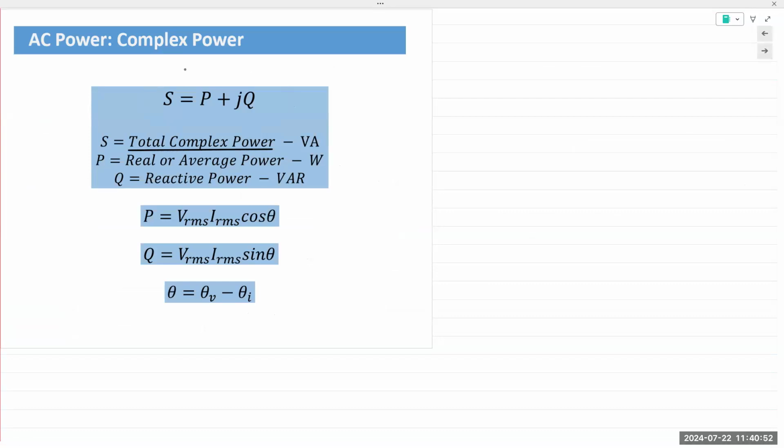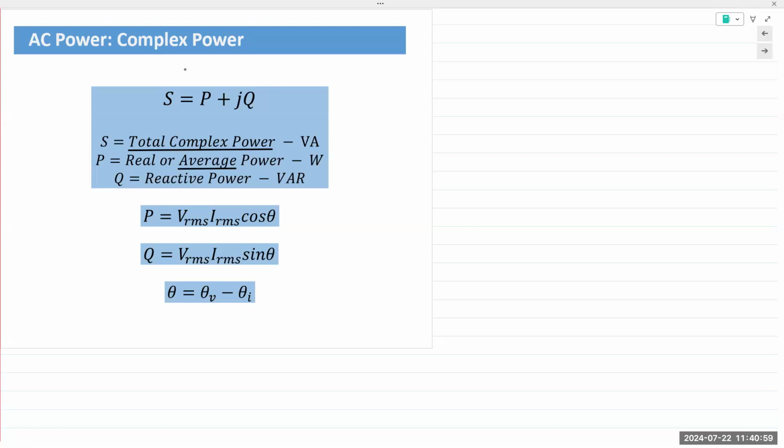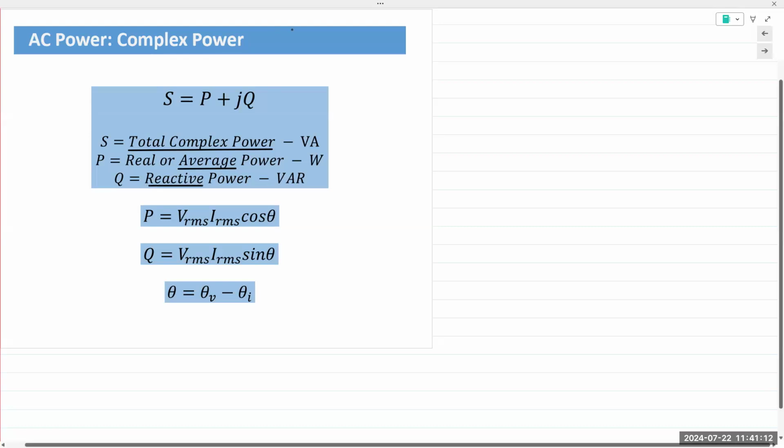It is our average power, or we also say it's a real power because it's the real portion of the total complex power S. The new term is your reactive power. And reactive power has different units. It is known as volt ampere reactive, VAR. Total complex power S is termed as volt ampere.